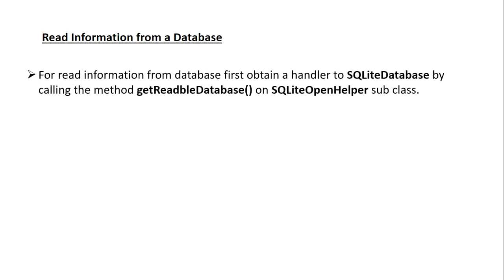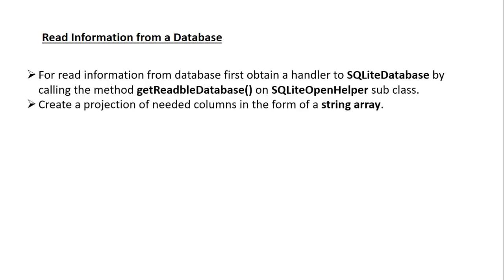Now we can learn about how to read information from a database. To read information from a database, first obtain a handler to the SQLite database by calling the method getReadableDatabase on the SQLiteOpenHelper subclass. Create a projection of needed columns in the form of a string array.